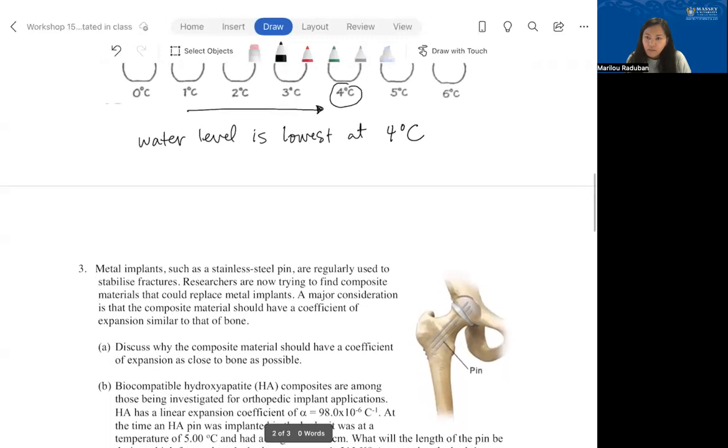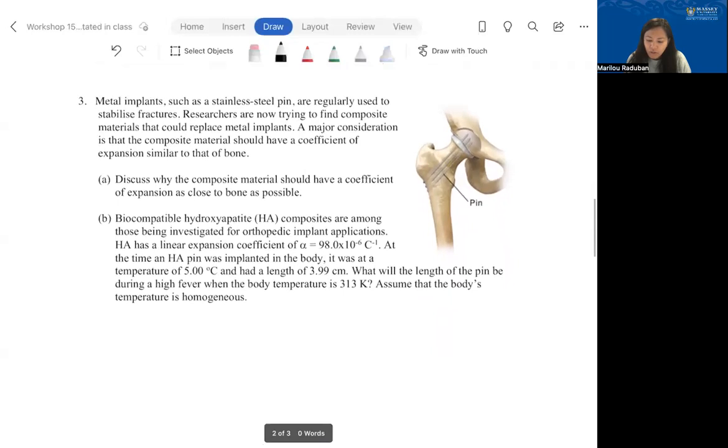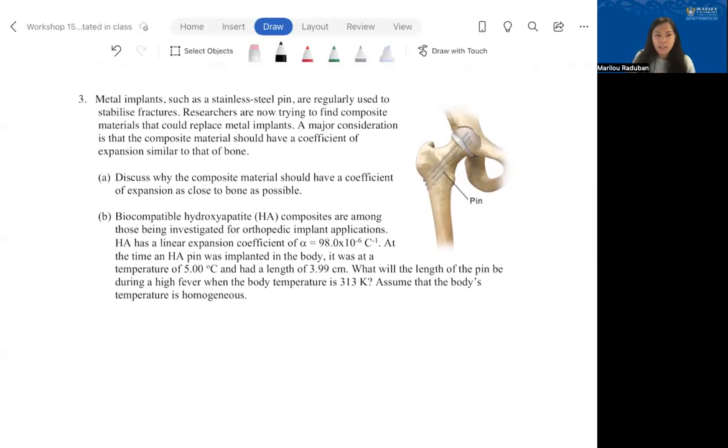Okay, right, moving on. So the next question is also about expansion as the temperature increases, but now it's a quantitative question and looking at the physiological example. So metal implants such as stainless steel pin, shown here in the figure, are used to stabilize fractures, but researchers are trying to find composite materials that could replace metal implants.